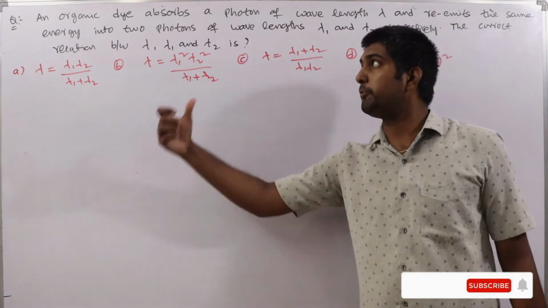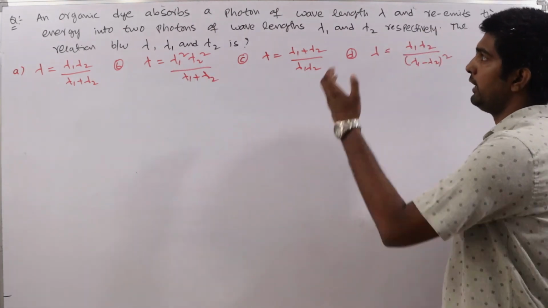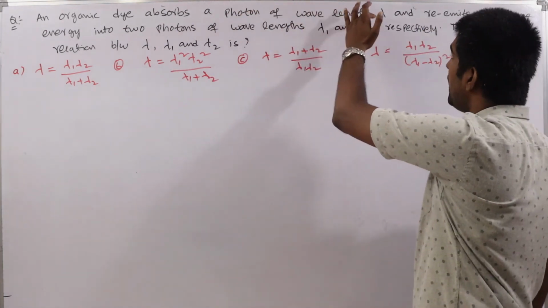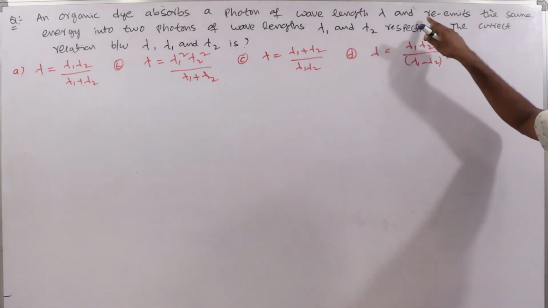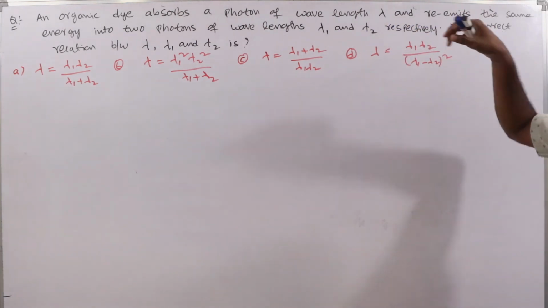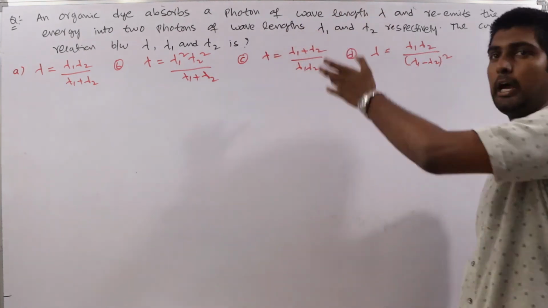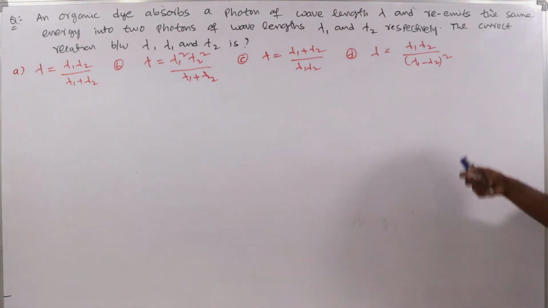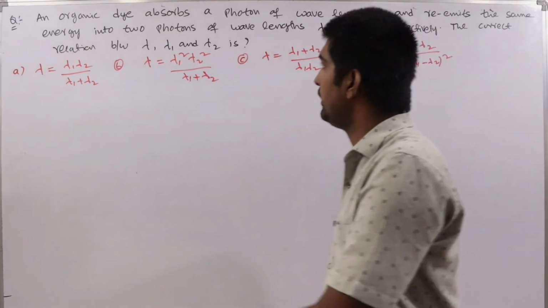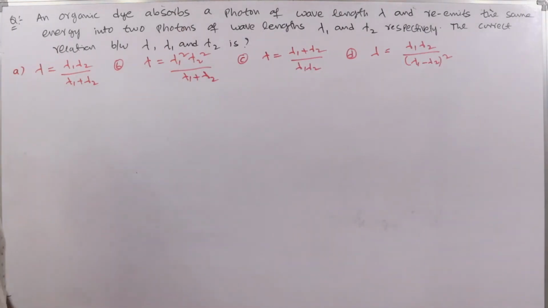Now let us see another important model problem. An organic dye absorbs a photon of wavelength lambda and re-emits the same energy as two photons of wavelength lambda 1 and lambda 2 respectively. The correct relation between lambda 1 and lambda 2 is.